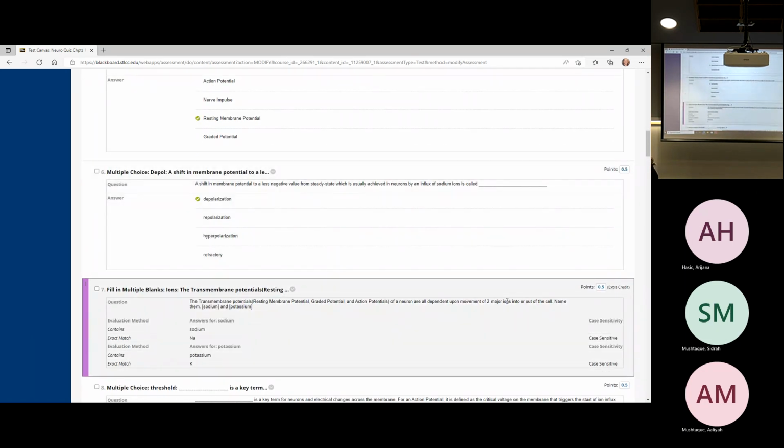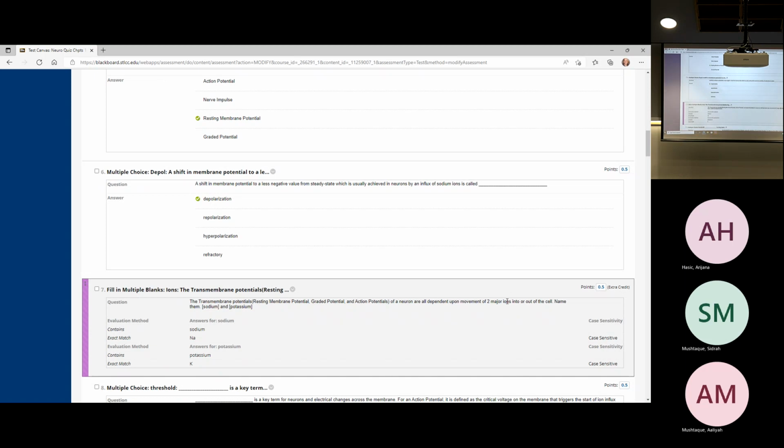A shift in membrane potential to a less negative value from steady state. It's usually achieved in neurons by an influx of sodium. So if a positive ion is coming in, the inside of the cell is becoming less negative. So negative 70 would become negative 65, negative 60, negative 55, negative 50, those things.